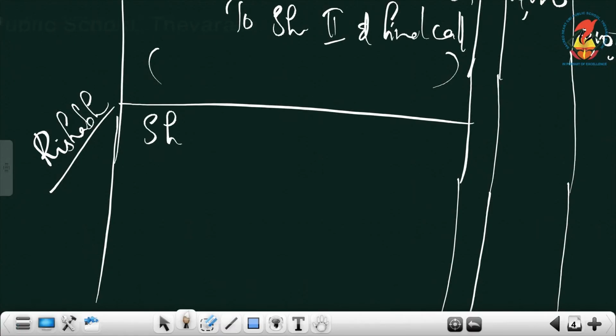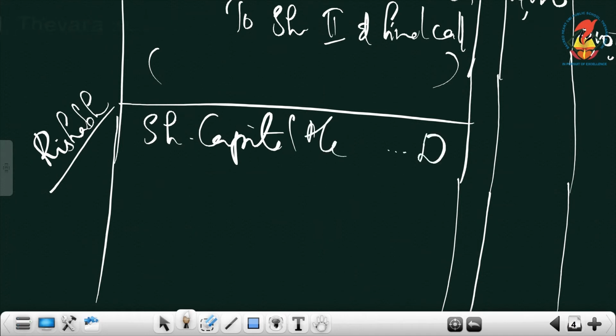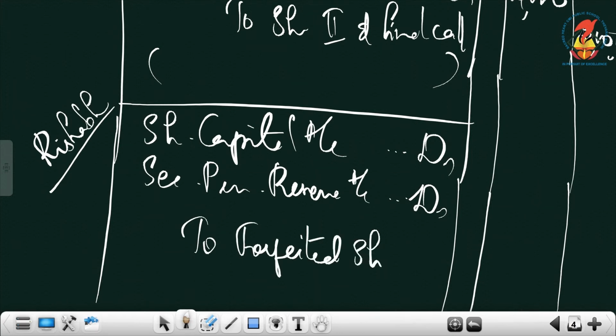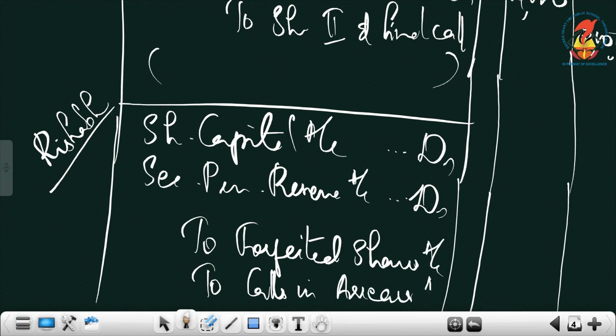So the forfeiture entry will be share capital account debtor, securities premium reserve account debtor to forfeited shares account, to calls in arrears account.